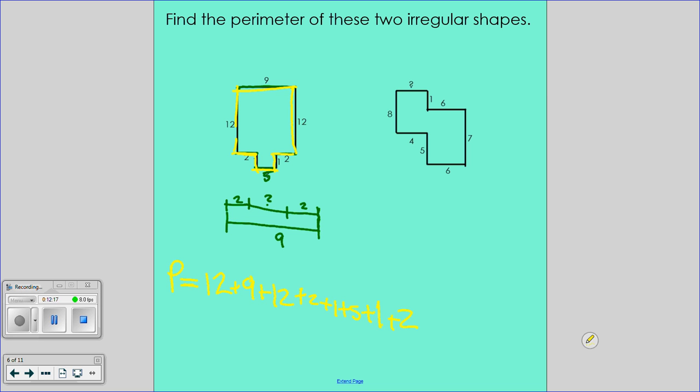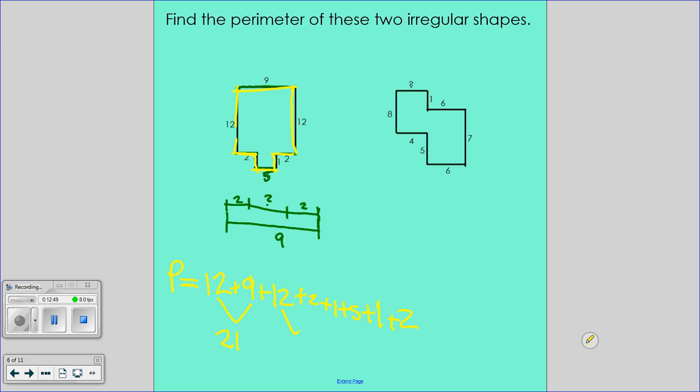Alright, let's start combining numbers. 12 plus 9. Susie? 21.